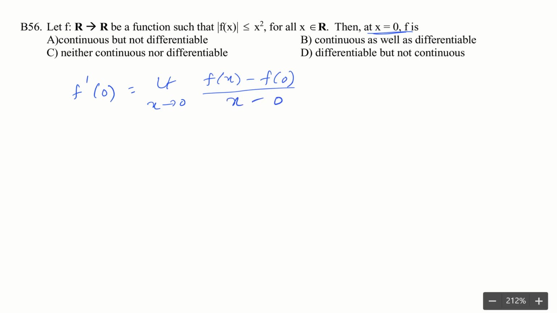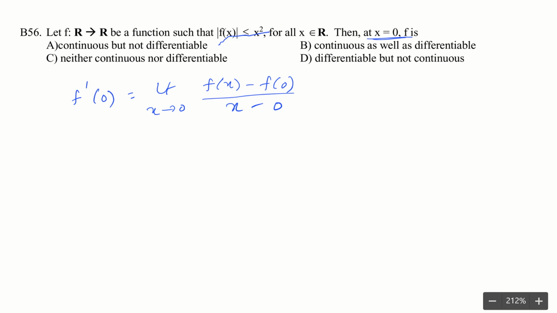I want you to observe that he gave for every x, mod f of x is less than or equal to x square. So I have mod f of 0 less than or equal to 0 square. So from this I get f of 0 is equal to 0.